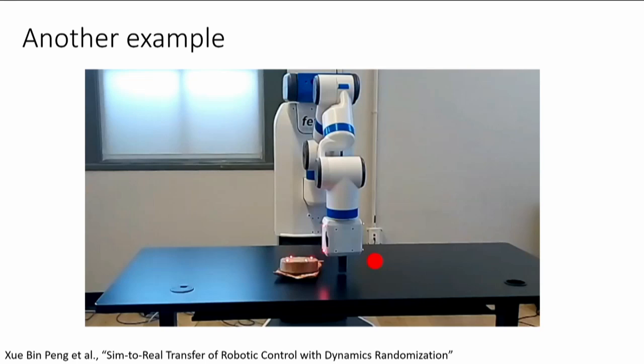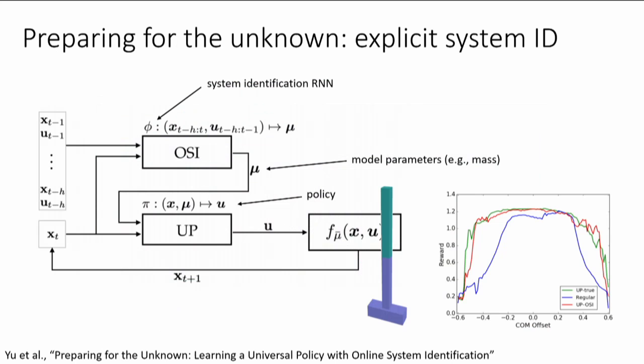So in fact, one paper that takes this idea to the extreme is this paper by Shrub and Peng called Sim-to-Real Transfer of Robotic Control with Dynamic Randomization, where what they do is they actually take an approach similar to this, except they don't even supervise the RNN part. So the RNN is not actually supervised to output the real physical parameters.